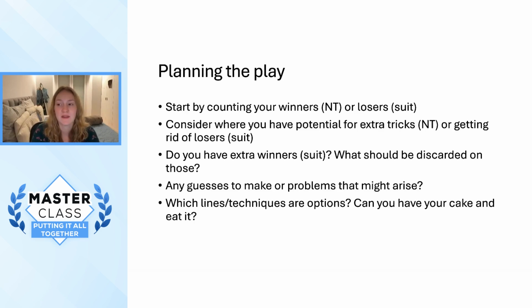So maybe you've got an option of maybe taking a finesse or maybe playing for a different suit to break. Maybe you could do both of those things and then you get both chances. But in these cases, you often have to be a bit careful about the order in which you do things.